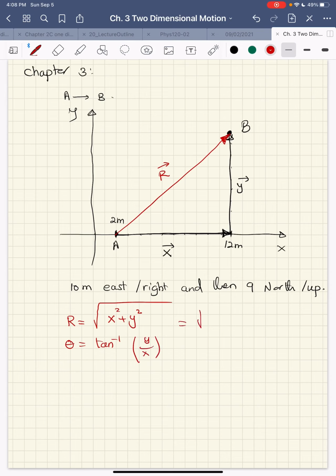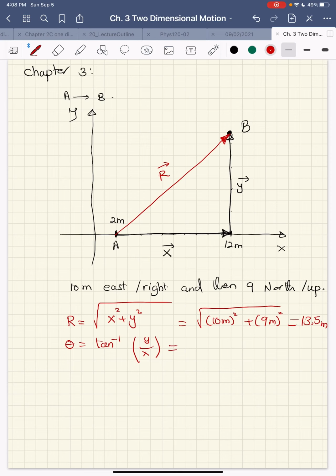This is 10 meters squared plus 9 meters squared, and that is going to be 81 plus 100, which is 181, and that is going to be the square root, which is 13.5 meters.